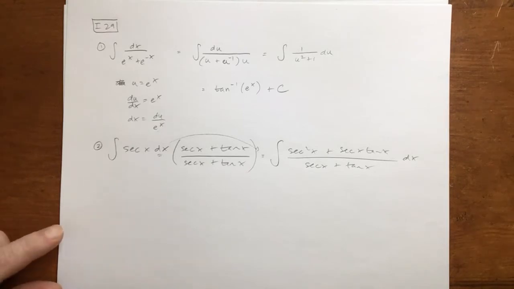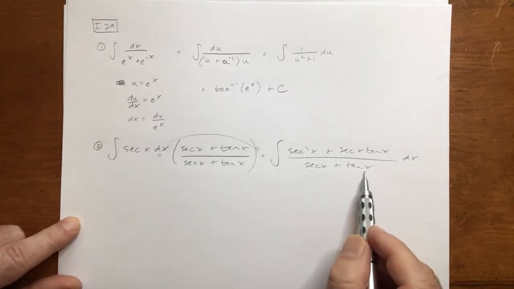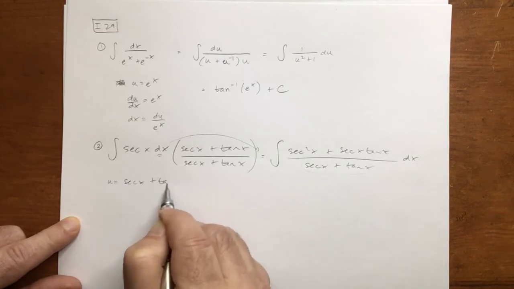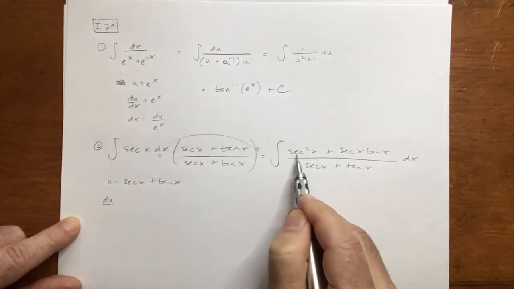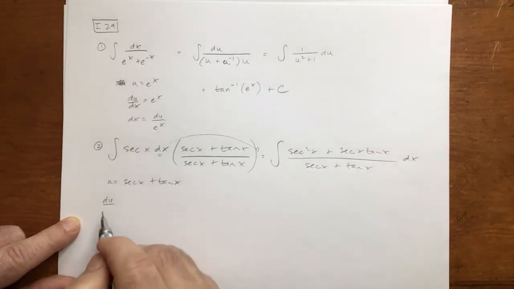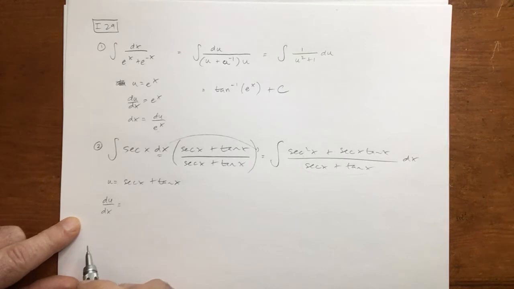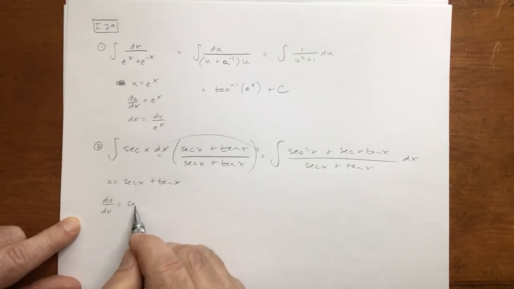And so what we see is that if I let u equal this, so I'm going to let u equal secant plus tangent. When I derive this, note that I have the chain right up top. So it was a very clever idea that somebody came up with. So I have the derivative of secant, remember, is secant tangent.